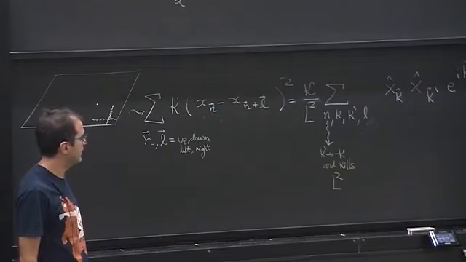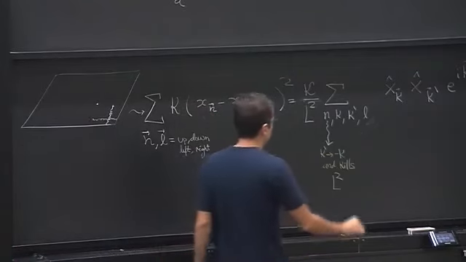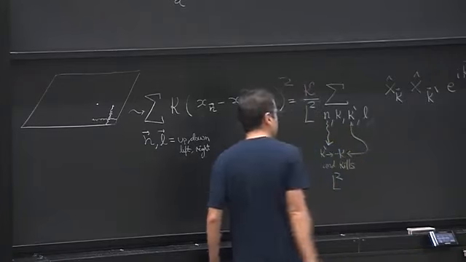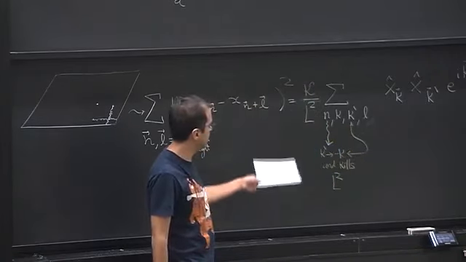So it kills both the summation over k prime and also the L squared outside.